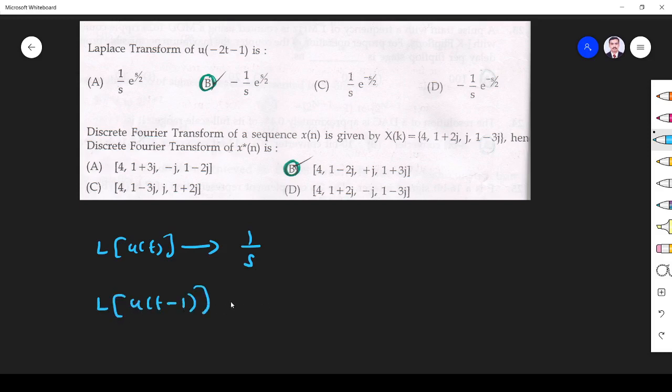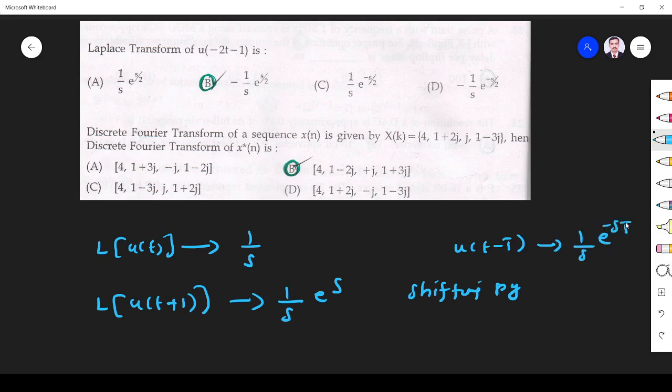L of u of t plus 1, I find, is given by 1 by s e power s. Shifting property. What is the shifting property of Laplace transform? u of t minus T has a Laplace transform of 1 by s e power minus sT. Instead of T, here we have minus 1, so it is 1 by s e power s.